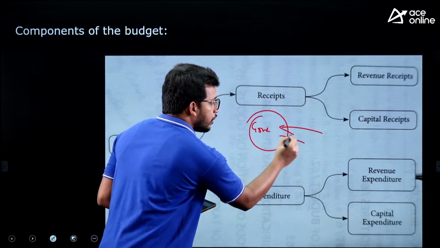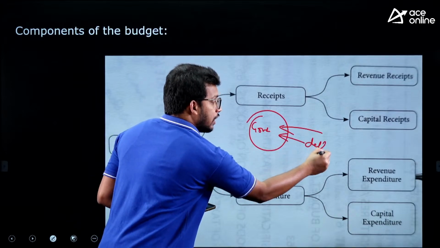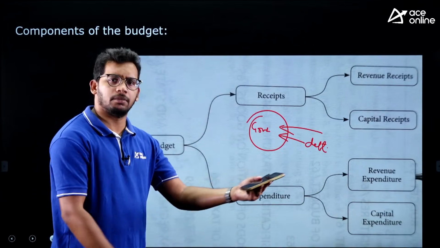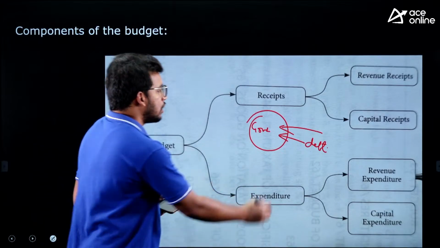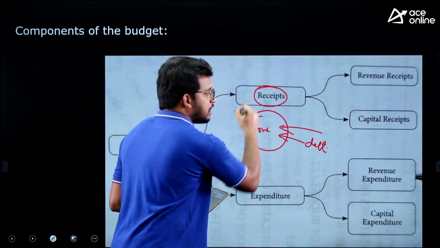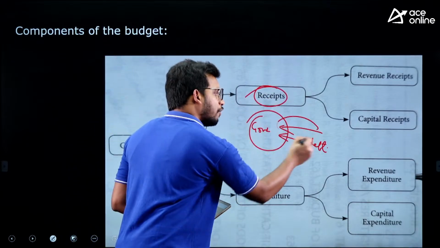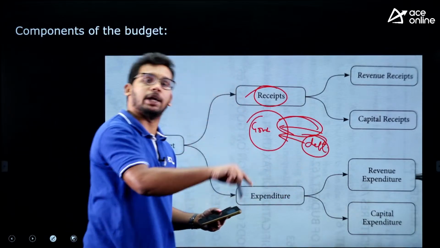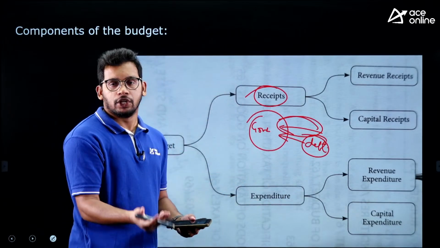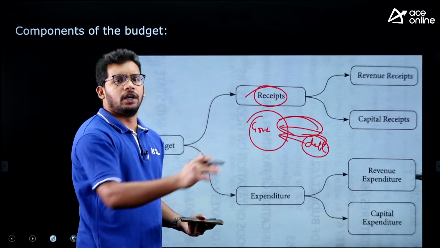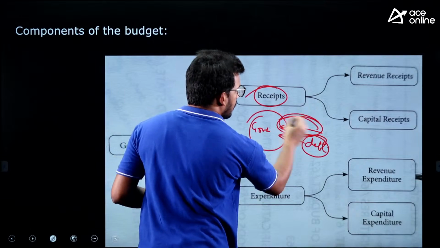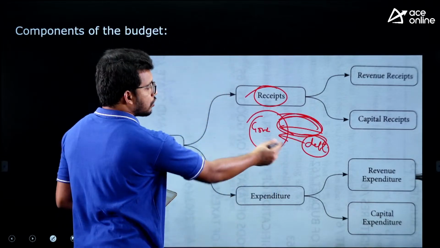This can also include debts, as they might take debt from private companies or by releasing bonds. So receipts consist of one-time payments, that is revenue, and also the debt.